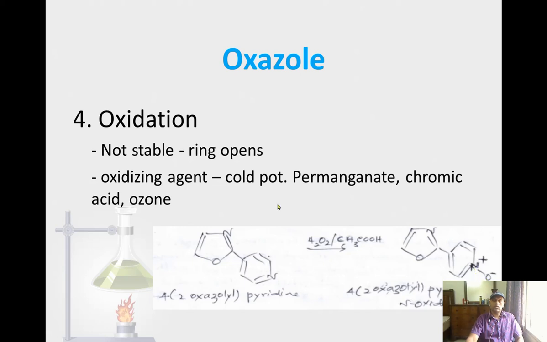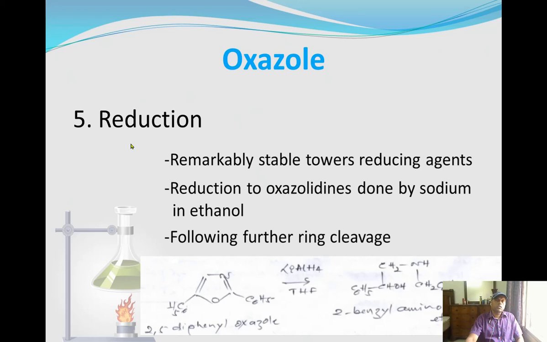Oxidation is the removal of electrons, or releasing of electrons. So that is going to sit on this oxygen. The resulting product is 4-(2-oxazolyl)pyridine N-oxide. So this is the oxidation product on oxazole, but the oxazole is a substitution product here.